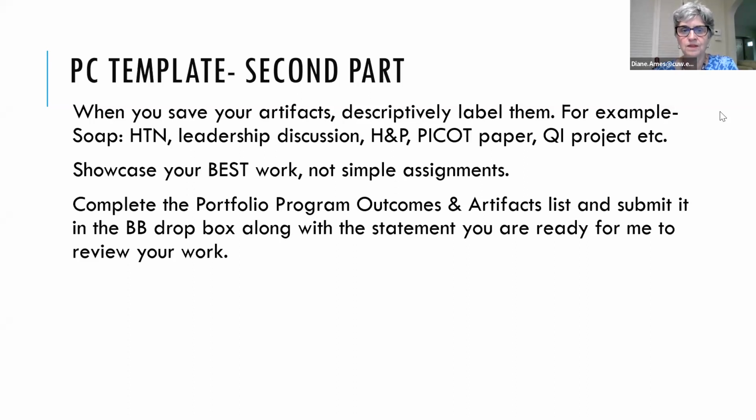And then I also have, and I'm going to put this in the course, I'll show you this. You're going to complete the portfolio program outcomes and artifact list, and you're going to submit it in Blackboard Dropbox, along with the statement you're ready for me to review your work.